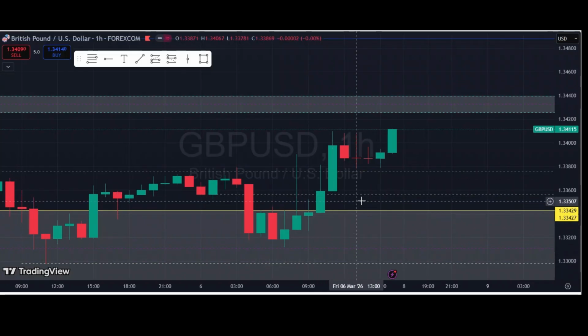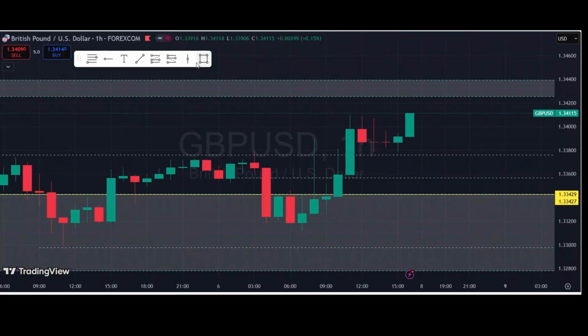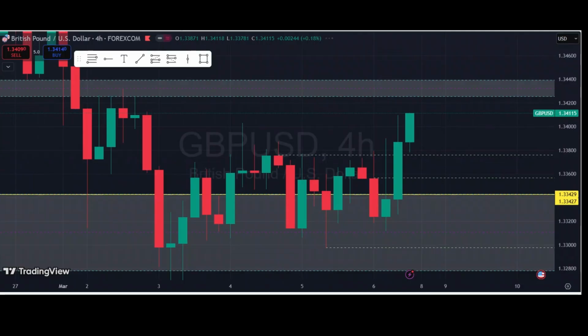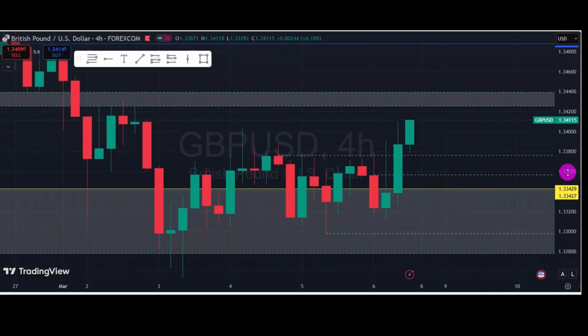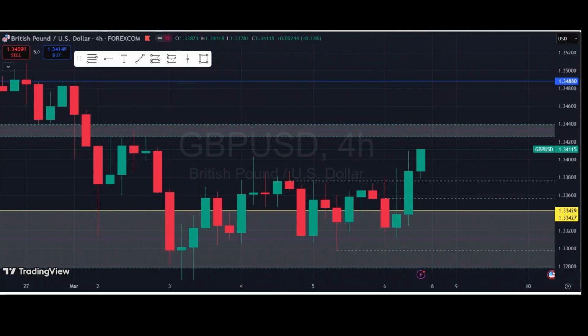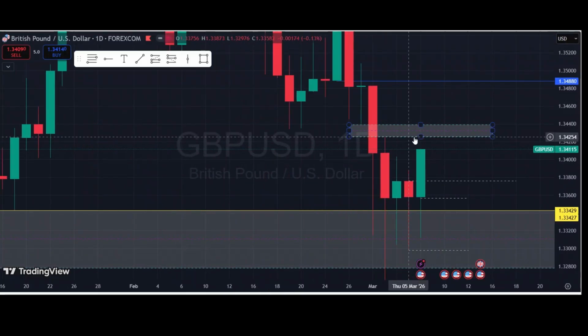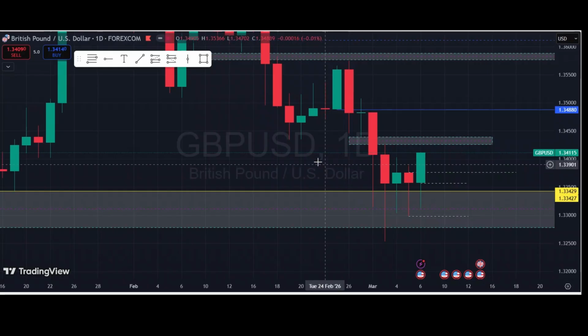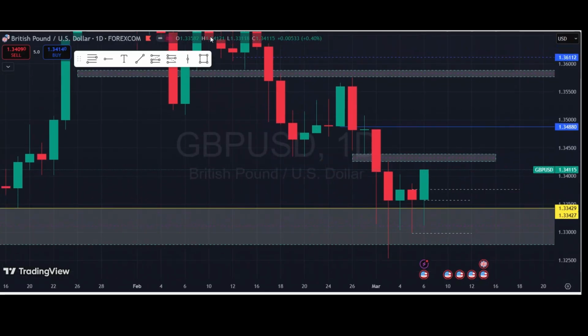So we said this: if price reacts lower first, these levels may provide a kind of support before the next liquidity expansion begins for that of British pound USD. So let's keep our eyes on those levels, as it is our liquidity narrative on British pound USD for this week.